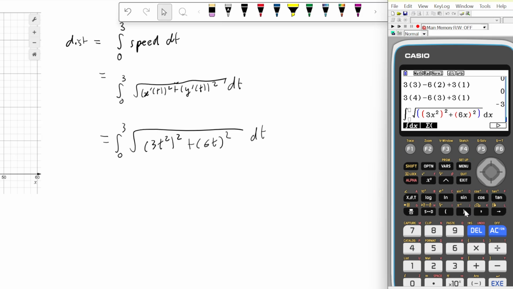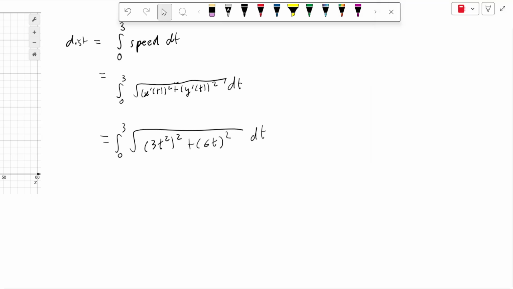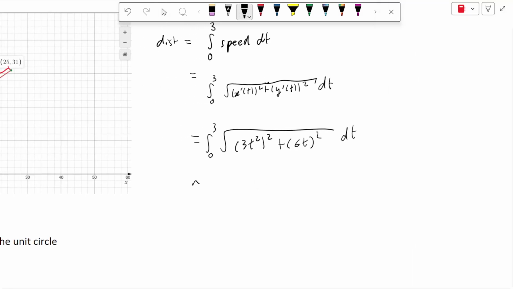And we'll close the brackets, and that should be everything we need. 0 to 3 for the bounds. And there it is, 38.9 essentially. Done. That's how long that thing is.